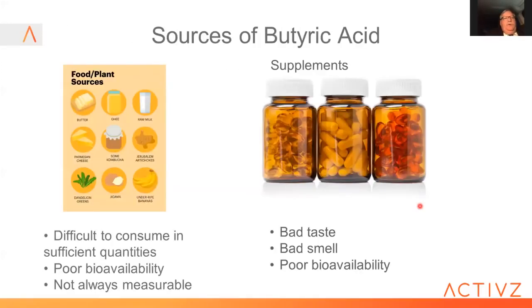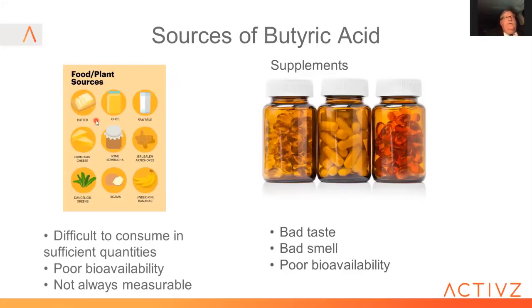So, sources of butyric acid. You can obtain butyric acid through the plants and foods that we eat. However, it has poor bioavailability when you go that route, and it's not really measurable.